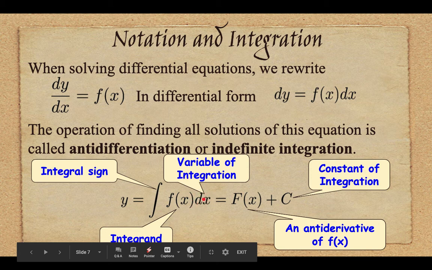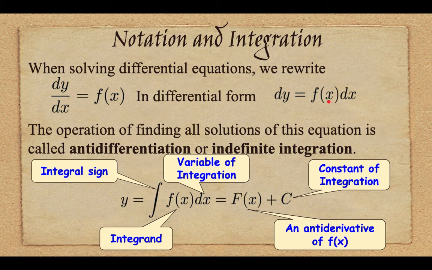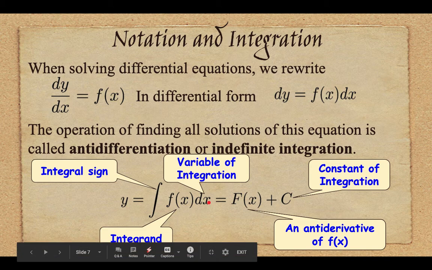And so dx here, this is our integral of integration, because we're finding the integral with respect to x. Again, we're going to have that dx in there to tell us what variable we're dealing with.